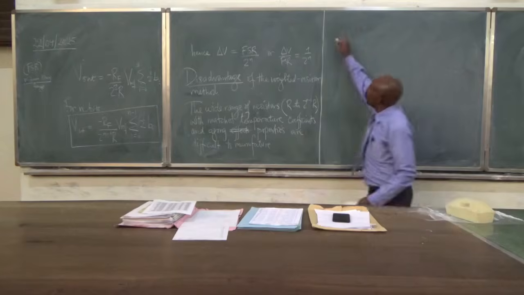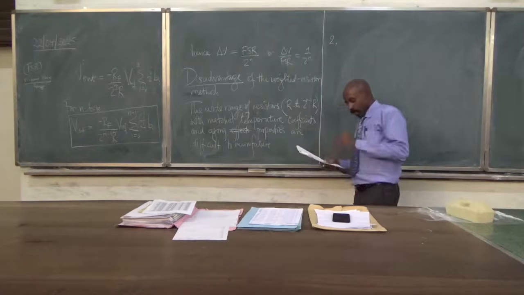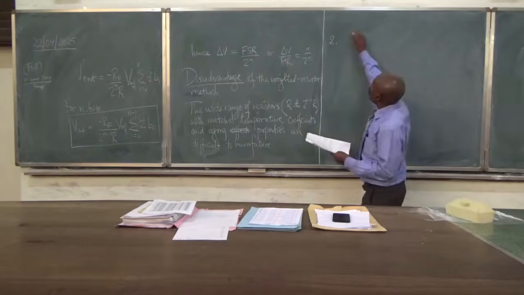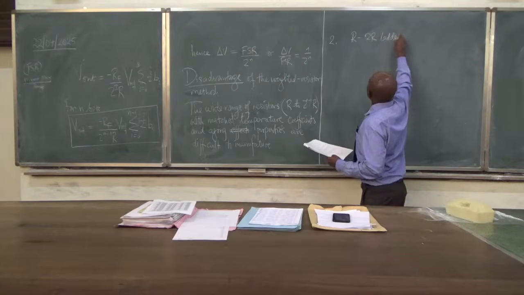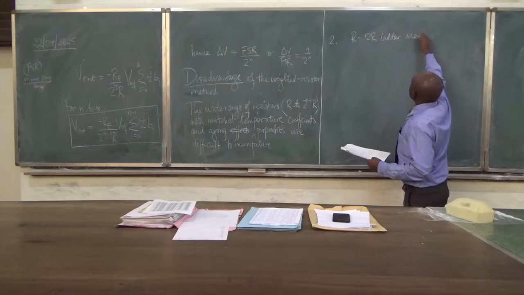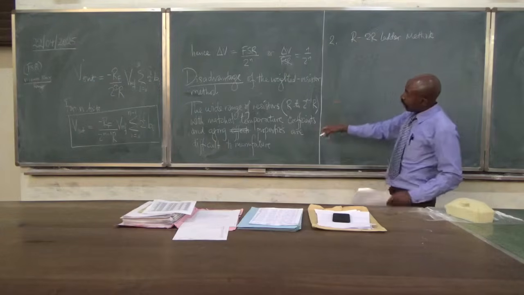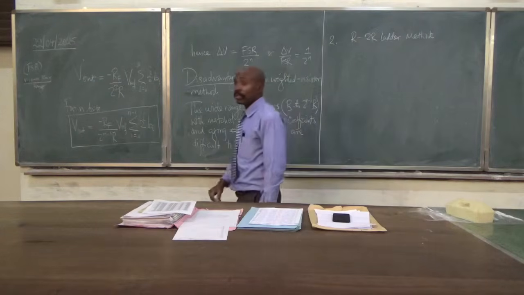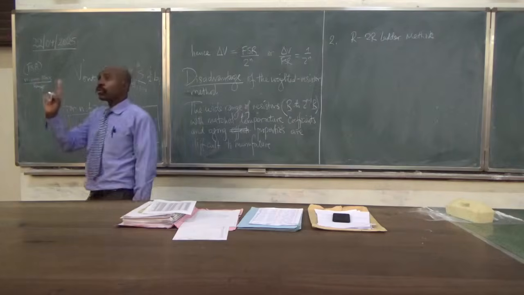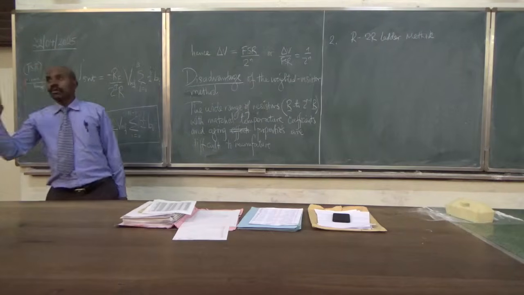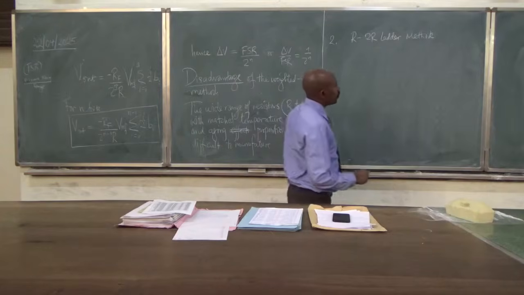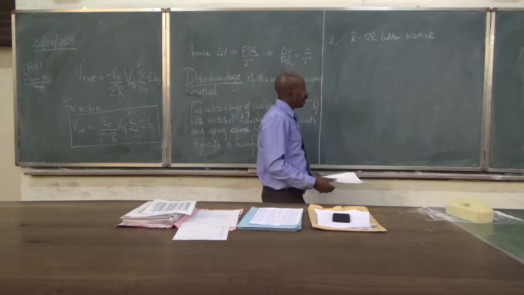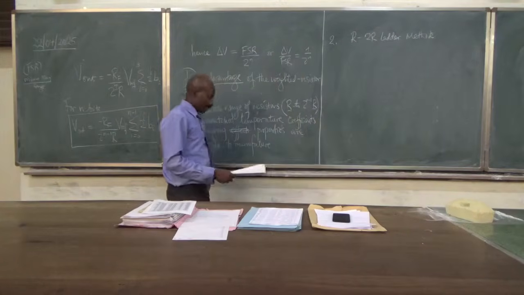So second one, we look at the R-2R ladder method. We still have a chance to use only one type of resistor, whether we connect them in series or whatever.